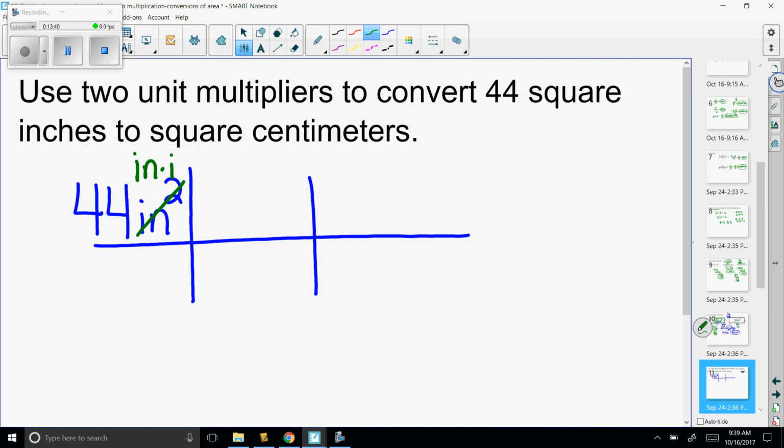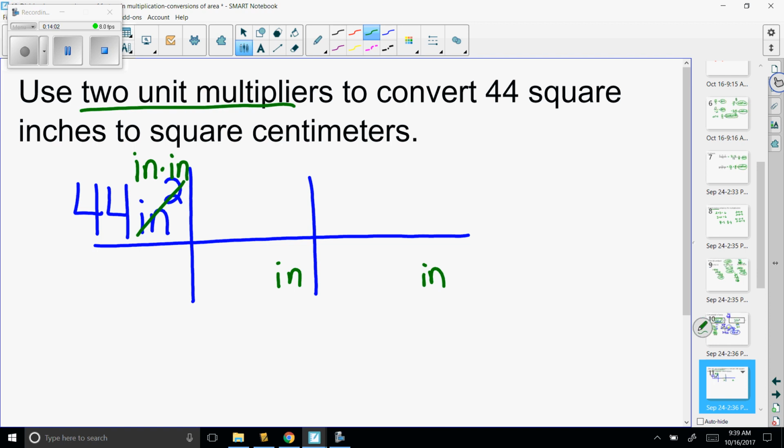Inches times inches. The only thing squared is your units, not 44. It's not 44 times 44. It's just inches times inches. So I want to get rid of inches, so I put that in the denominator. It's square inches. I need to get rid of square inches, so I got to get rid of inches twice. That's where the 2 unit multipliers comes from.